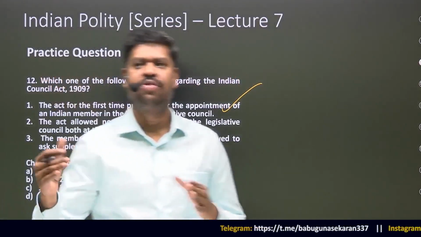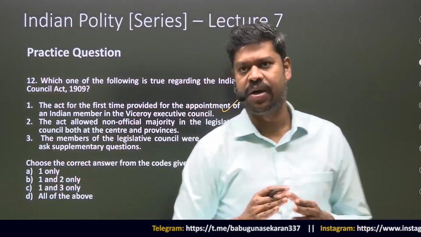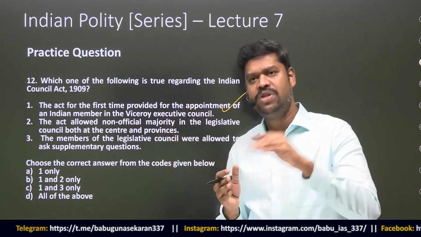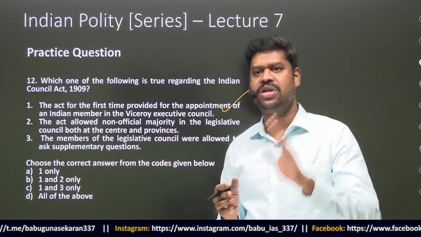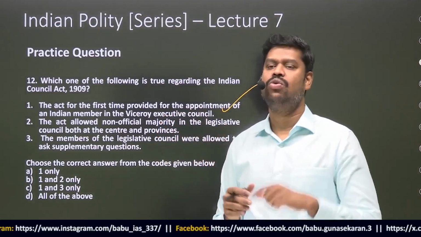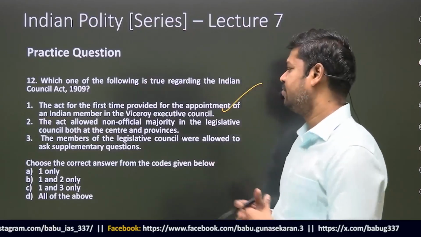And over a period of time, the Indian representation started expanding. But if you see the 1909 Act, while in the provincial legislature the non-official members were more, in the central legislature it was still the official members who had the majority.